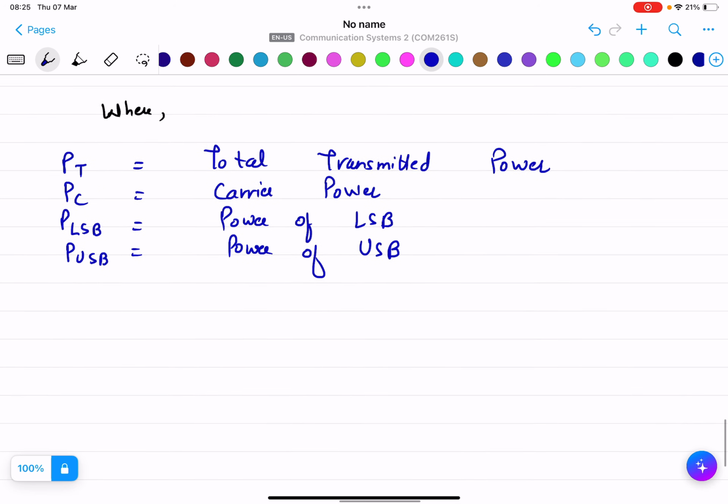Okay, and we all know another formula we have used, m equals Vm by Vc, or we can write Vm equals m Vc. We are going to use this in the formula.